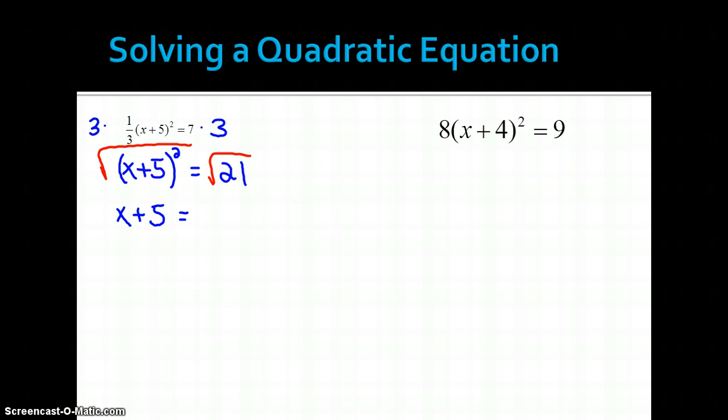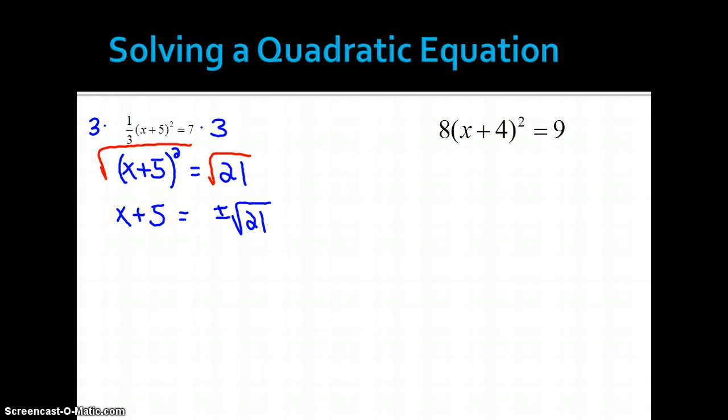Let's go through a perfect square. 1, we discard 1. 4 is not a factor of 21. 9 is not a factor of 21. And 16 is not a factor of 21. So we'll simply write plus or minus the square root of 21. Can't simplify it any further because it has no perfect square factors.